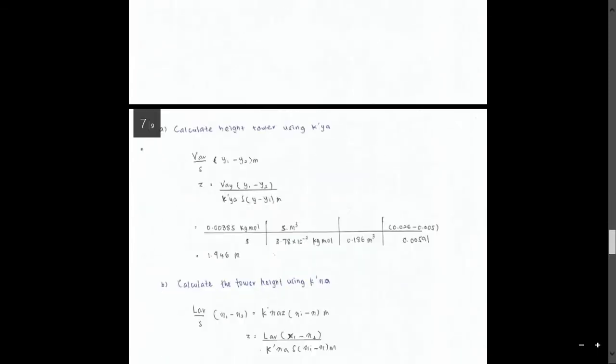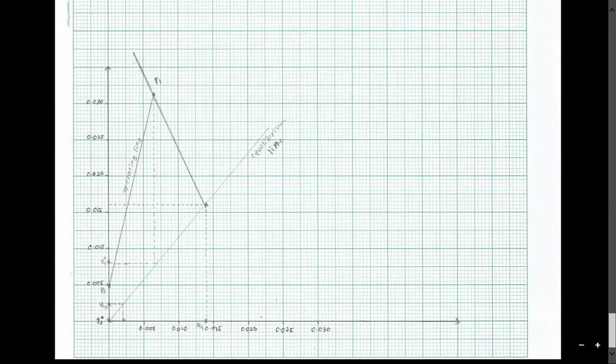We can find the S2 star and Y2 star, and Y1 star and S1 star, based on the graph.